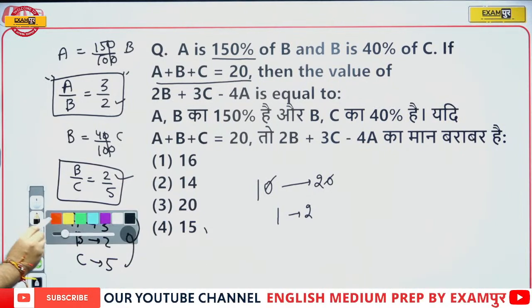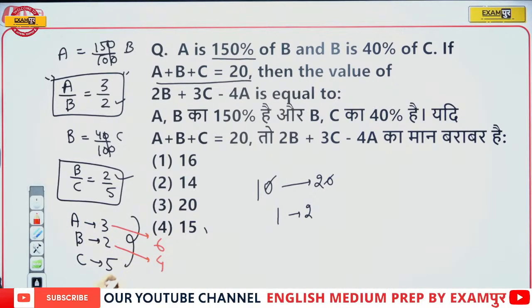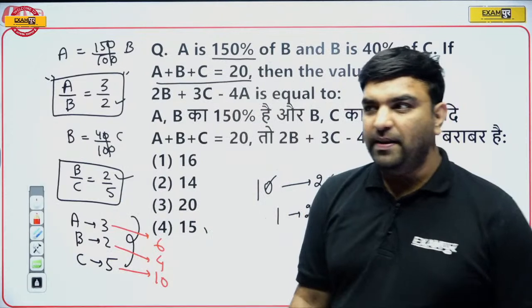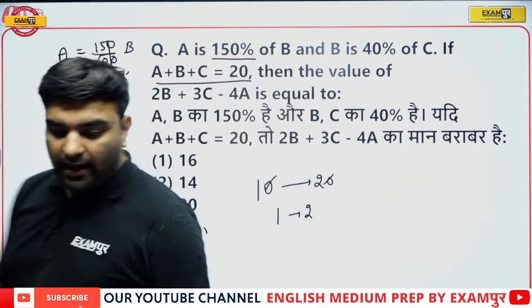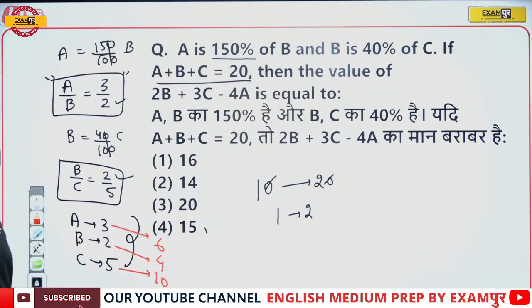So the actual value of A comes out to be 3 into 2, which is 6. B comes out to be 2 into 2, which is 4. C comes out to be 5 into 2, which is 10. So these are the actual values of A, B, and C: 6, 4, and 10.